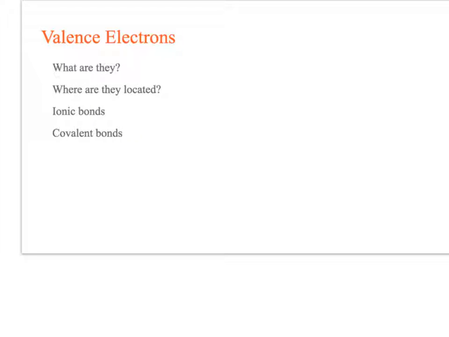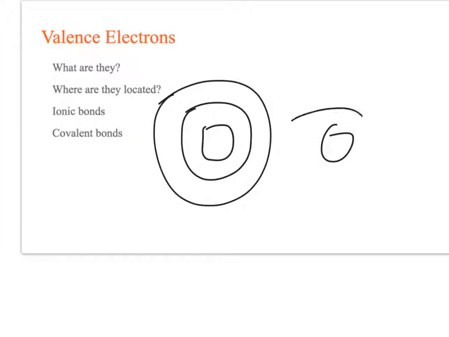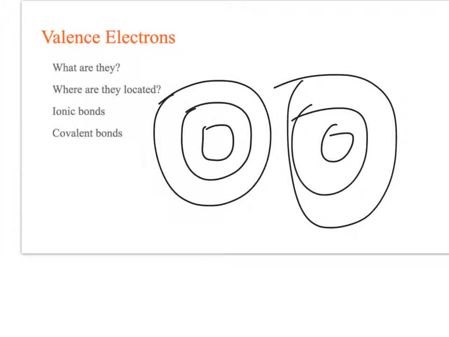In ionic bonds, when we had the sodium with the chlorine, which I'll just draw quickly, and it looks terrible. In sodium, you have 1, 2, 3, 4, 5, 6, 7, 8, 9, 10, 11 electrons, 1 in the valence shell.